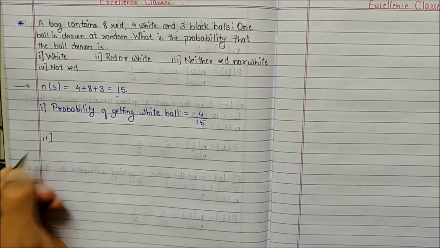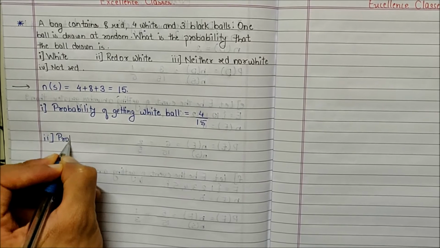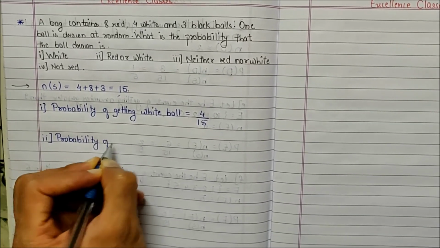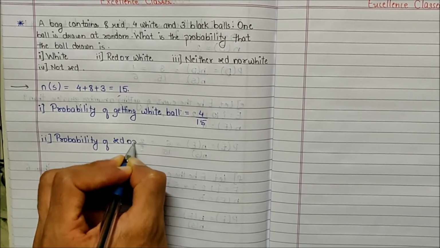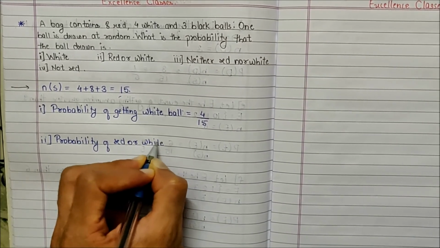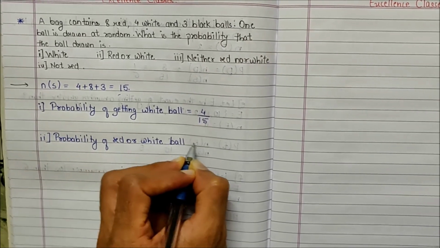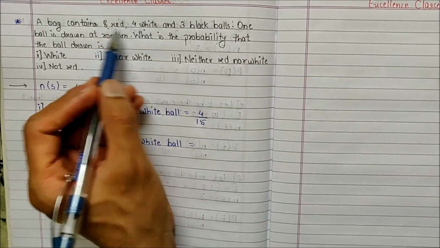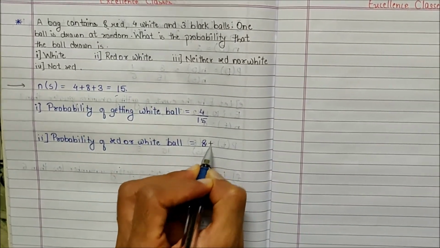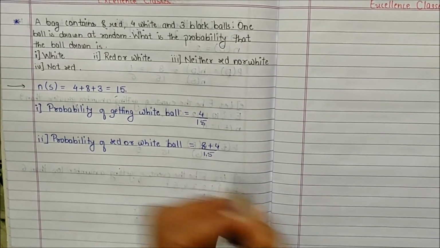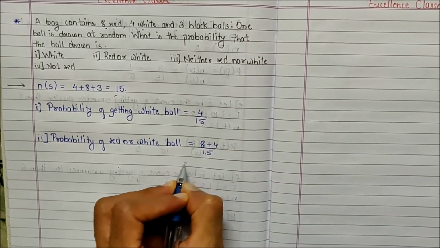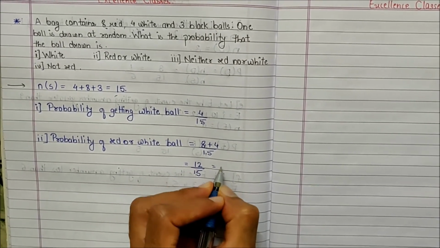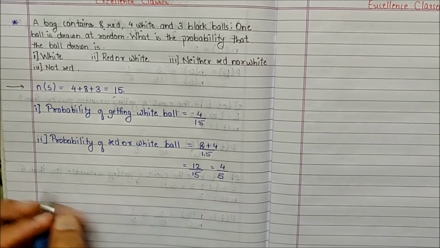In the next question, they are asking you to find probability of red or white ball. The ball can either be red or white. So we need to consider both the balls, that is red and white. So 8 and 4, 8 plus 4 upon 15, which gives me 12 upon 15. On simplifying it, I am going to get 4 upon 5.